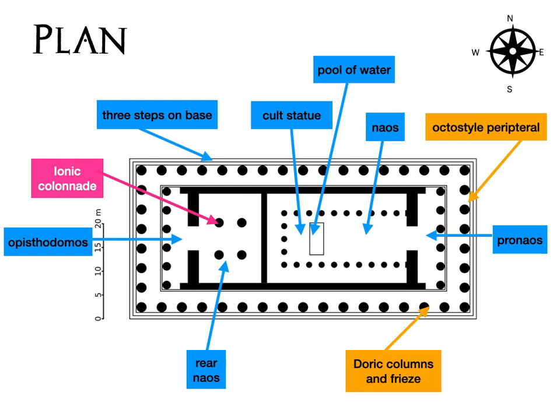In the back, the rear naos, the columns, those 4 columns there, are actually Ionic in style, meaning they have the elaborate curved volute capital, and these are the only Ionic columns in the Parthenon. However, the 2 sets of columns in front of each door, those prostyle columns in the pronaos and the opisthodomos, are both Doric in style.